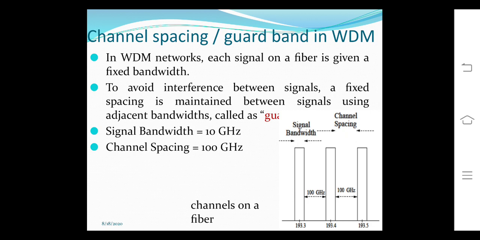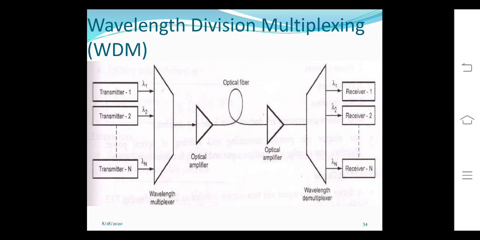This diagram shows the channels on a fiber, and the signal bandwidth is marked in this rectangular pattern, and the gap between them is 100 gigahertz. So 193.3 is the first channel, and 193.4 is the second channel which you choose.